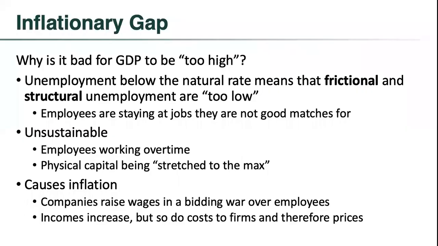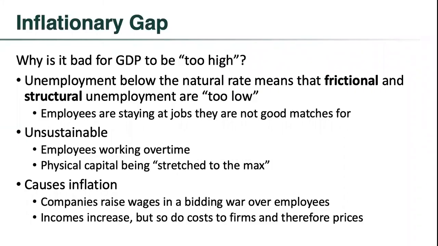When it's too high, it can be confusing, because we're in this mindset, especially as Americans, that we need to grow bigger and bigger, but that's not necessarily true in this aggregate expenditures framework. We don't want to just grow without bounds, because it means that people are staying in jobs that they aren't good matches for, because they're being overworked at their job.